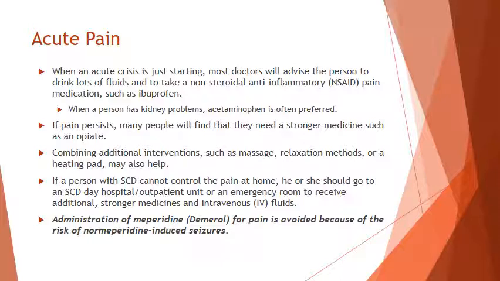Combining additional interventions such as massage and relaxation methods like a heating pad, and I would think warm baths would also help. If a person with sickle cell disease cannot control the pain at home, he or she should go to a sickle cell disease day hospital outpatient unit or an emergency room to receive additional stronger medications and IV fluids.